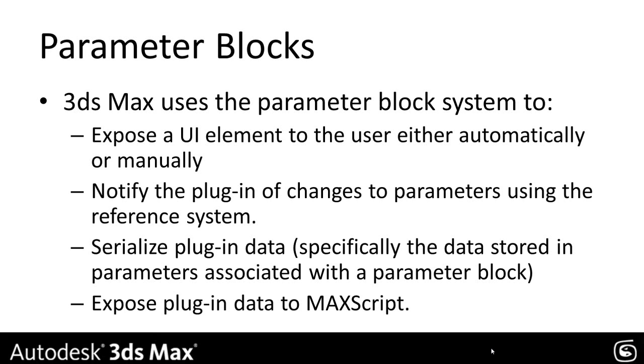So when you saw the MaxScript that we were showing as an example yesterday, a lot of that data is actually published to MaxScript through parameter blocks. So you don't actually have to implement the sophisticated aspect of function publishing to get access to the data. The parameter block will do that for you automatically.